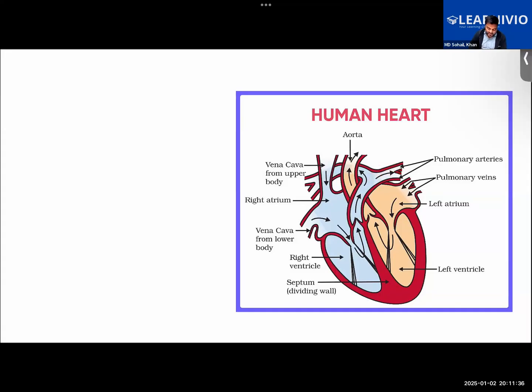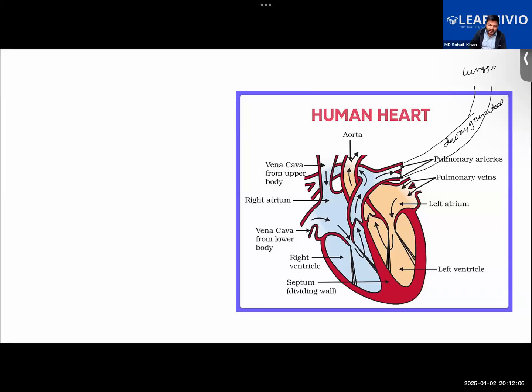It takes the blood that contains less oxygen, basically deoxygenated blood, from the heart towards the lungs. It is different from other arteries because arteries contain oxygenated blood, but the pulmonary artery carries deoxygenated blood. Getting it?